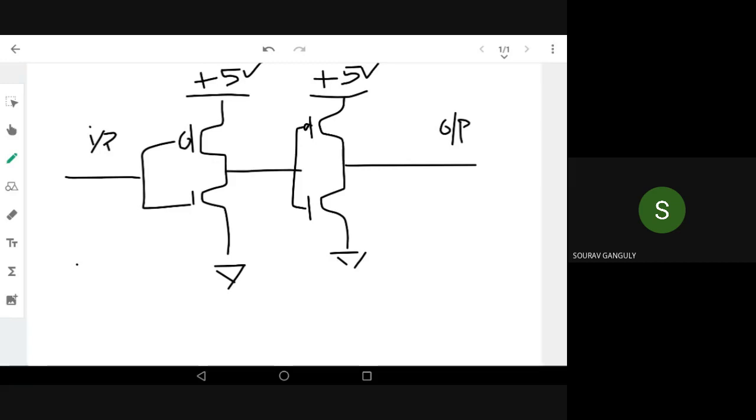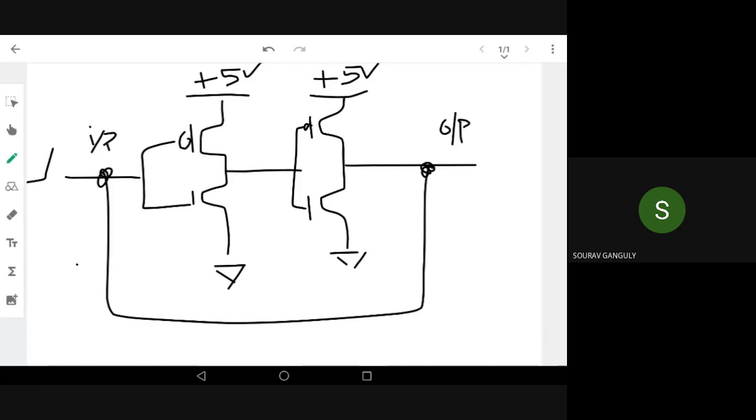Now, you need feedback. So this is connected to the input of the other inverter, right? And we need one switch at the input and one switch at the output, so that I can take the output wherever I want, whenever I want, and I can change the input whenever I need. So the minimum number of transistors in a storage is 4, but we need two more transistors for input and output.